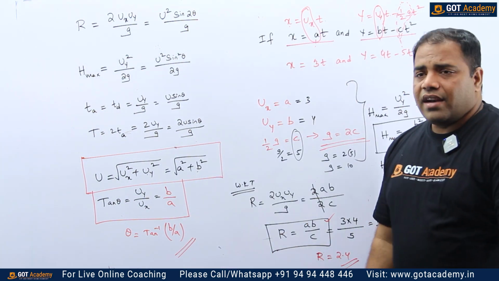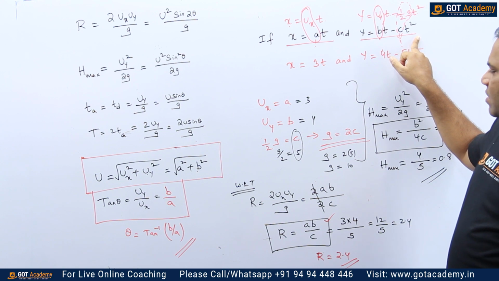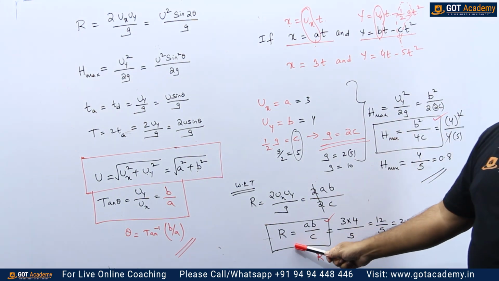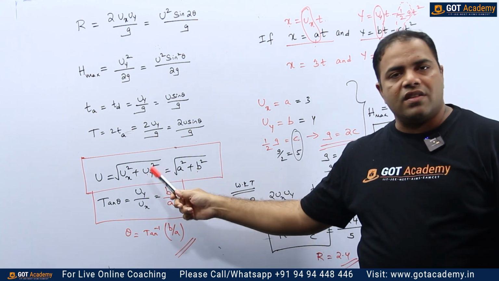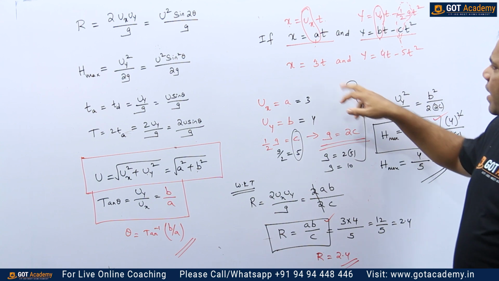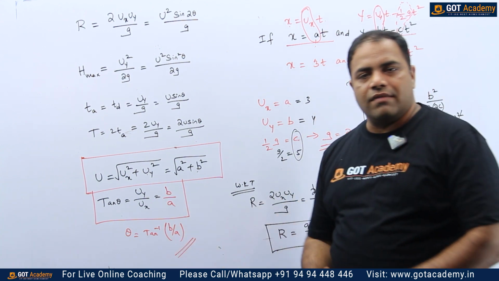Understood, my dear children? If the question is given as x is equal to at and y equal to bt minus et squared, this is the formula to find the maximum height, this is the formula to find the range, this is the formula to find the velocity of projection, and this is the formula to find tan theta. For example, here a is 3 and b is 4. What is theta? I'll do it for you.